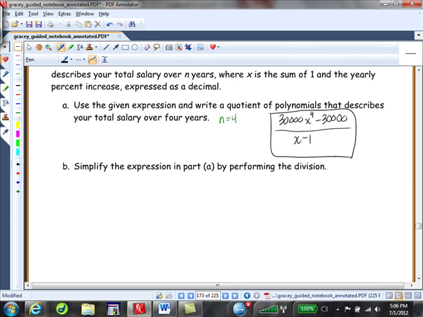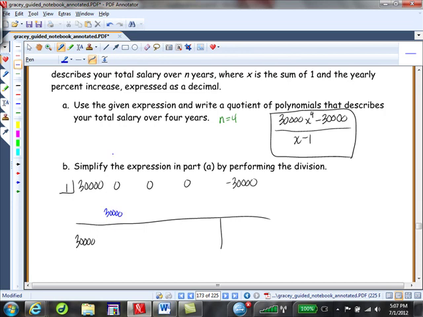Okay, and then next up, simplify that expression by performing the division. So let's go ahead. Our C would be 1. I'll use the synthetic division. We're going to have 30,000. Now there's no cubic term. There's no squared term. There's no x to the 1 term. And then we'll have a minus 30,000 here. And bringing the 30,000 down, multiplying, we get 30,000.